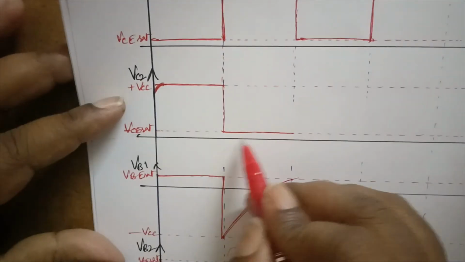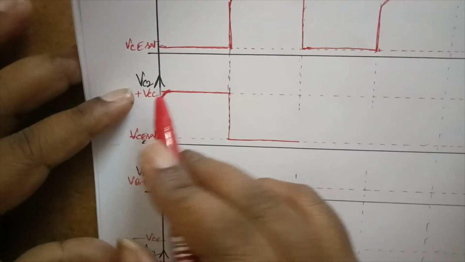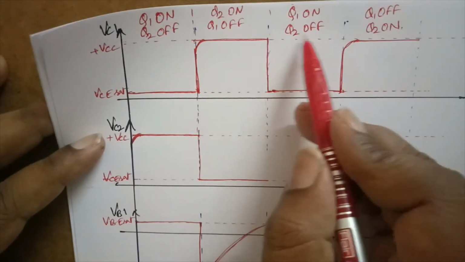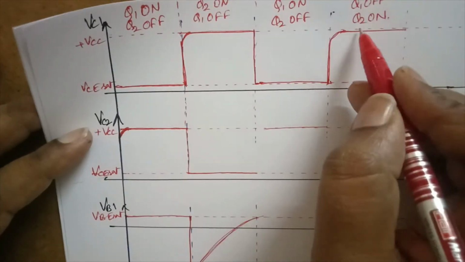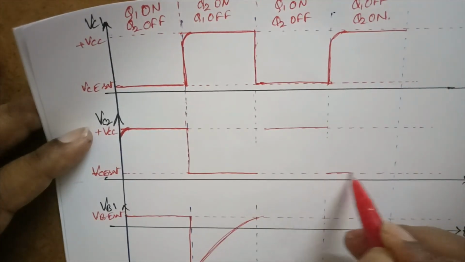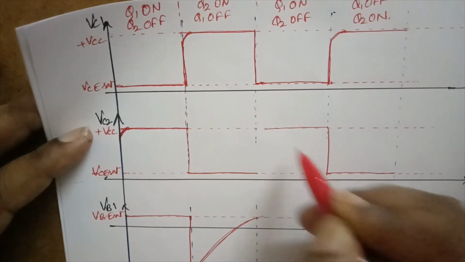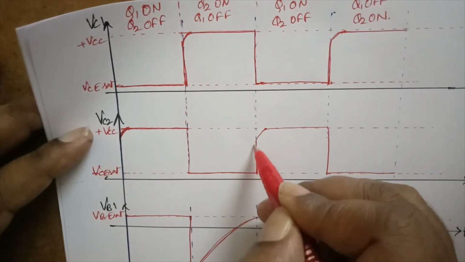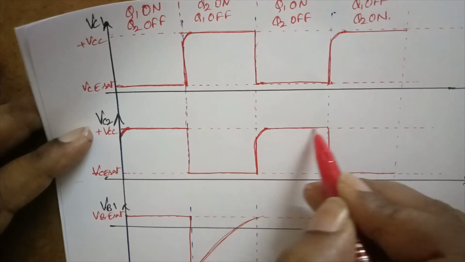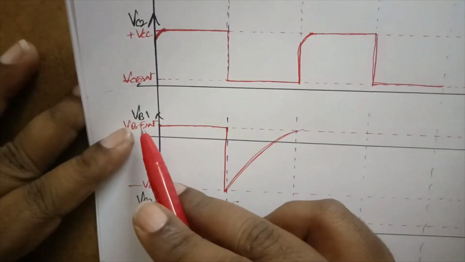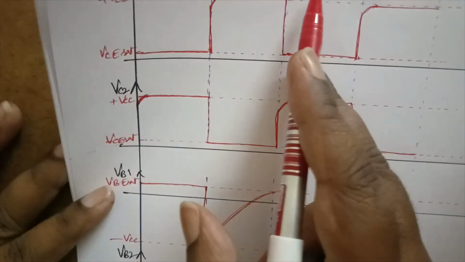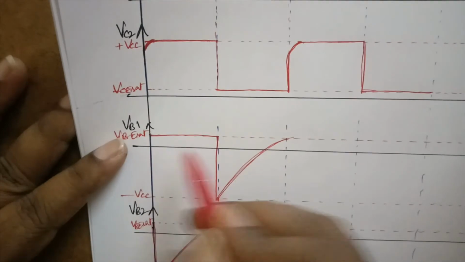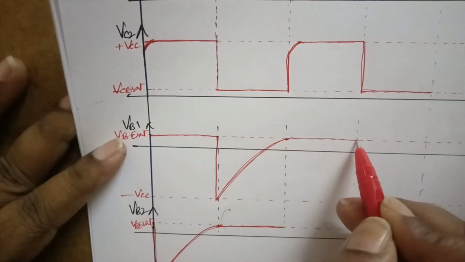Next, coming to VC2, the output voltage of Q2. Here Q2 is off, therefore it is VCC. Here Q2 is on, therefore it is VCE sat. Next, VB1 is the input voltage of Q1. When Q1 is on, it is at VBE sat.